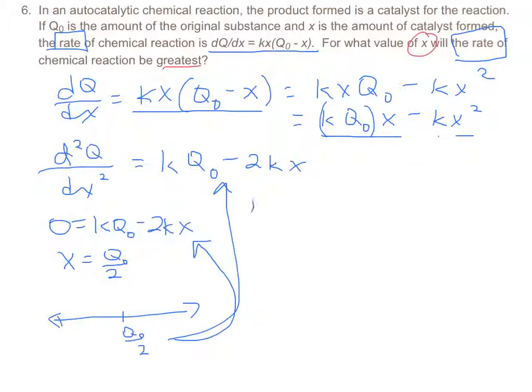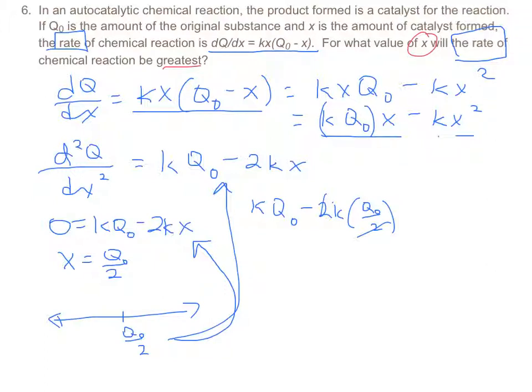Then you would end up with kQ sub 0 minus 2k times Q sub 0 over 2, and those cancel.